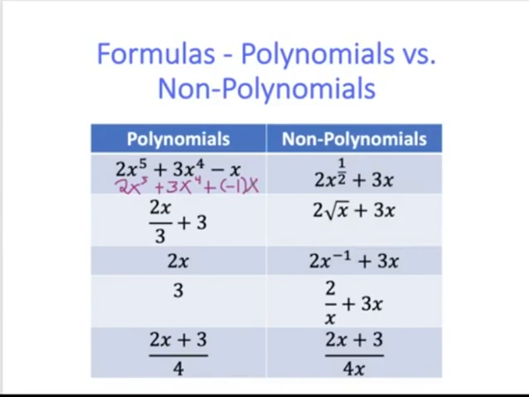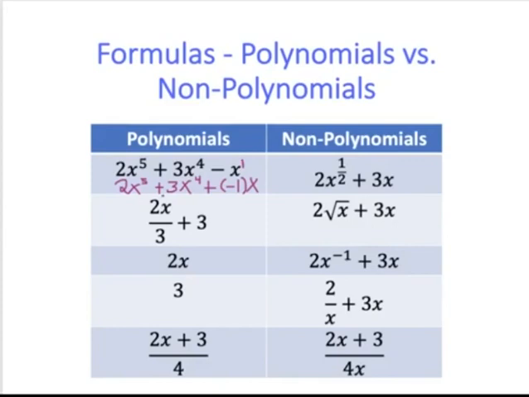So if I have minus x, it's the same thing as having a coefficient of negative 1. Also notice that our exponents are whole numbers, 5, 4, and an understood 1 right here. So this fits the definition of polynomial.